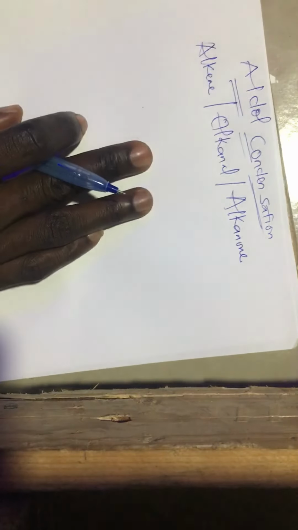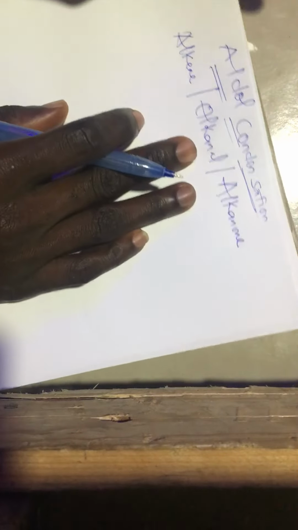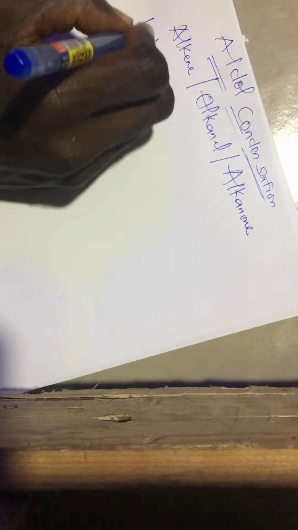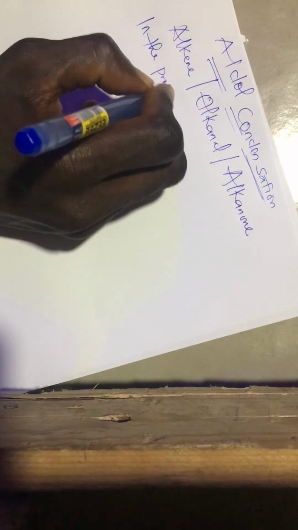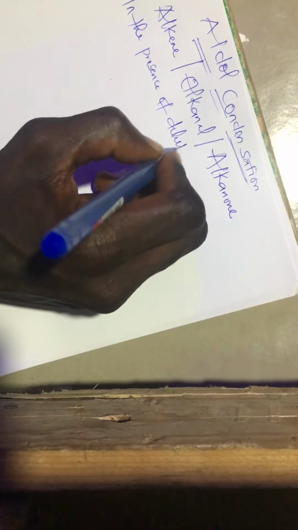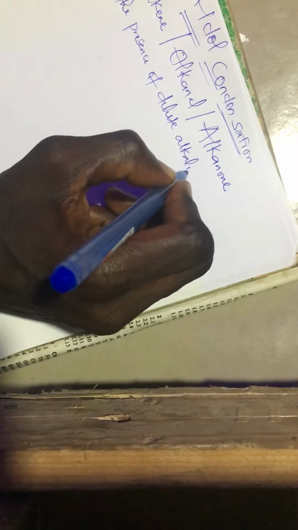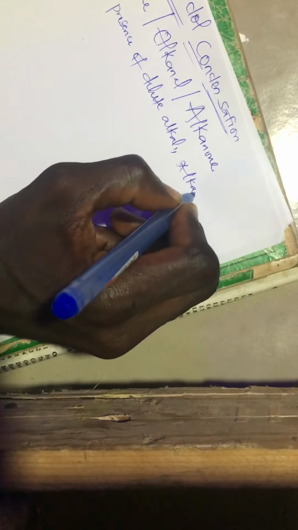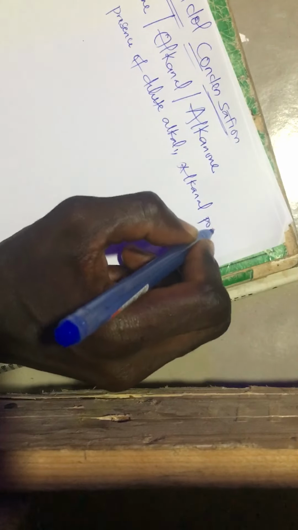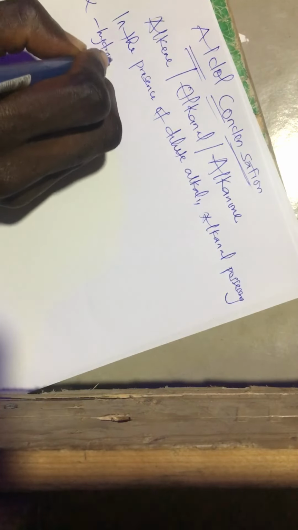Now, if we look at the definition of Aldol condensation, we can say: in the presence of dilute alkali, alkanal possessing alpha hydrogen.